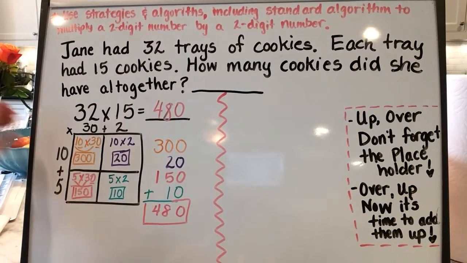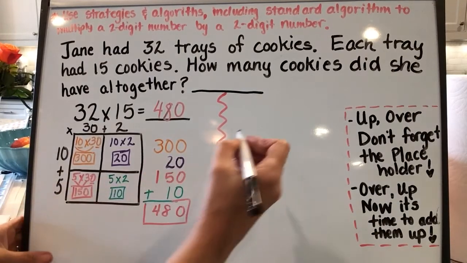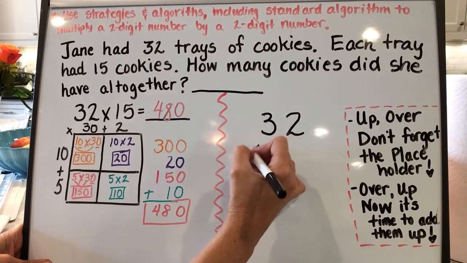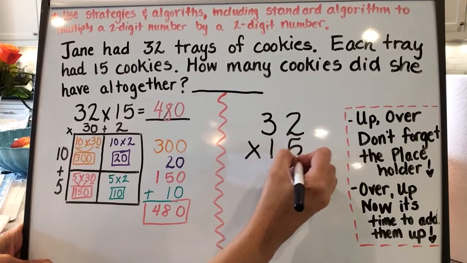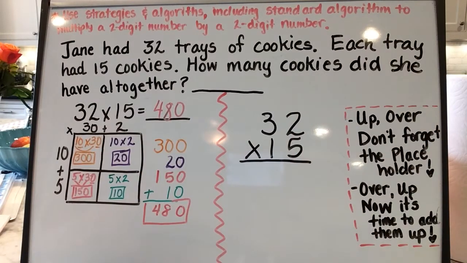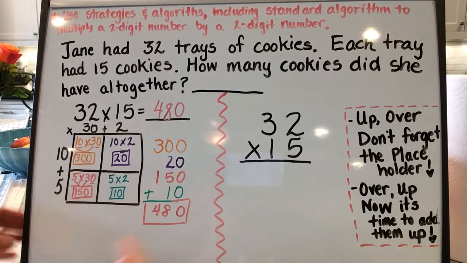All right, so on this side over here, I am going to do the standard algorithm, and that is where I'm just going to line it up. It's much more efficient, it's quicker, but you do have to do it in a specific way.